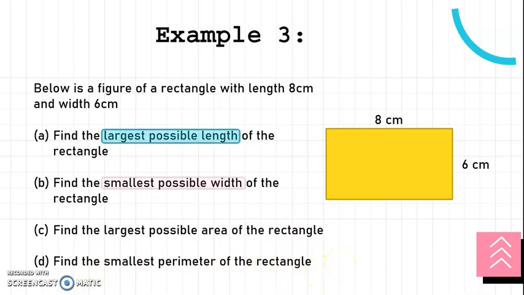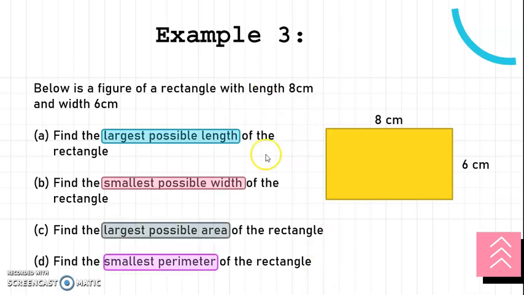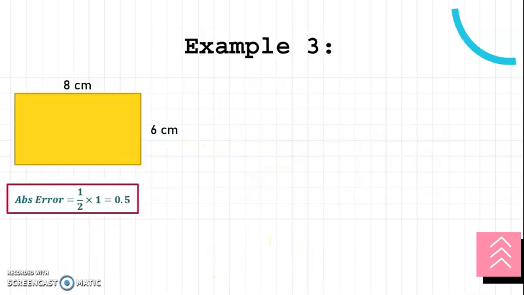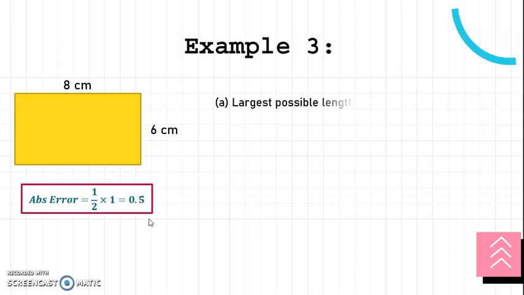Next, you have to highlight those four important pieces of information for each question. First you need to know the absolute error. The unit of measure will be 1. Half multiplied with 1 is equal to 0.5.